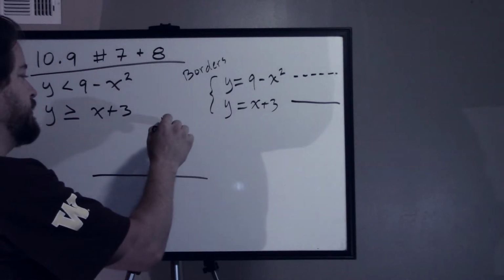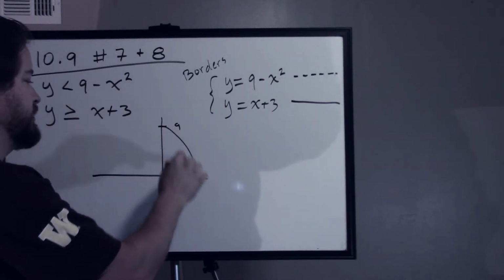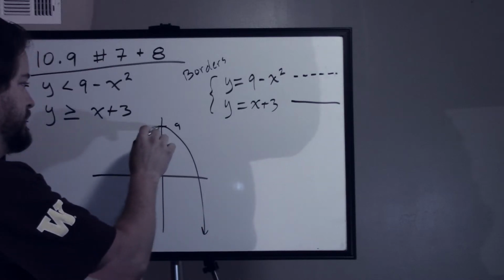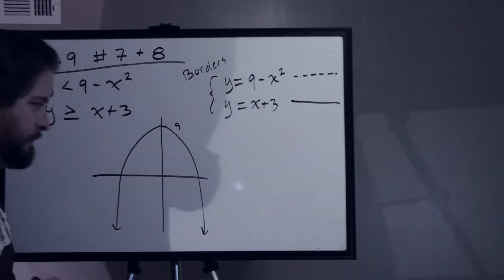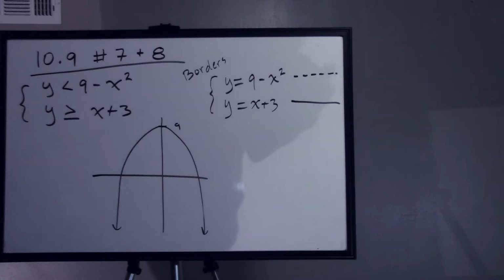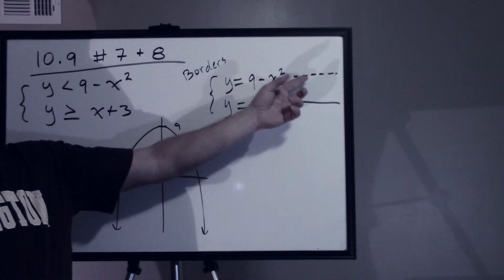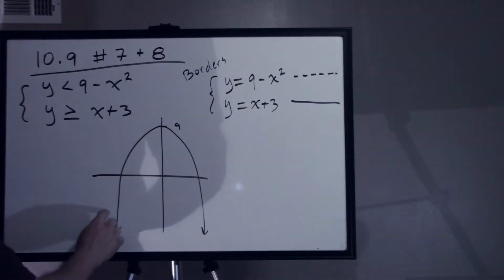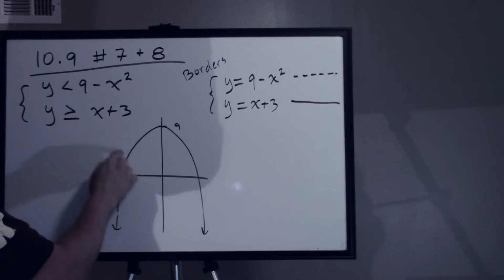So in the end, I'm going to have at 9 this parabola that just goes down. And that's my border. I should have made it dotted, right, because it's strictly inequality, so I'm going to make it a dotted. I can cheat a little bit because I'm on a whiteboard.